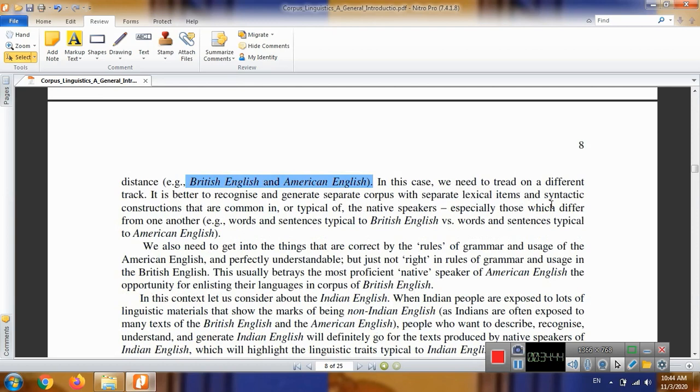In this case, we need to treat it on a different track.